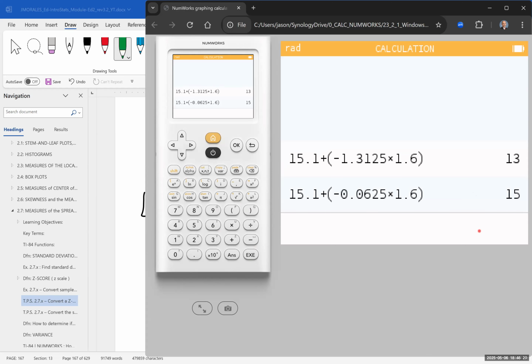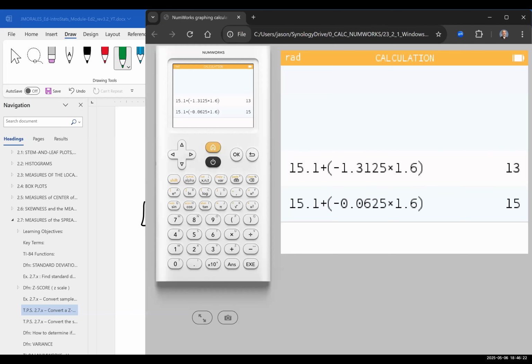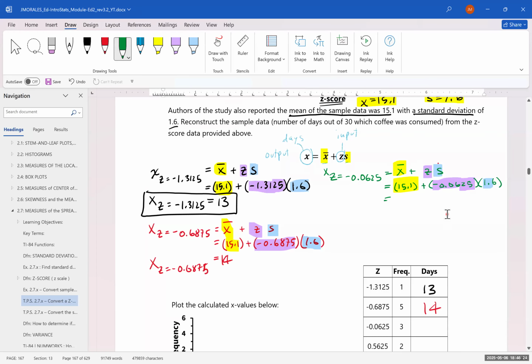We get 15 on that one. So the value of x in units of days when our z value is negative 0.0625 is 15.